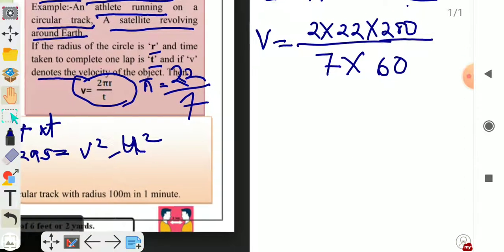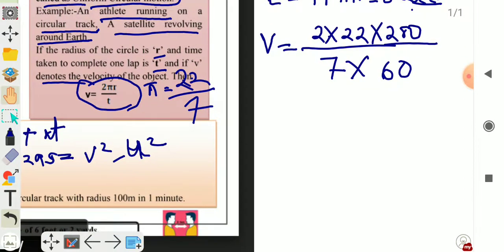Now calculate the value of speed or velocity. By this we can calculate very easily. 60, 10 is cancelled by this 0. Then 6, 2 1s are 2, 2 3s are 6.